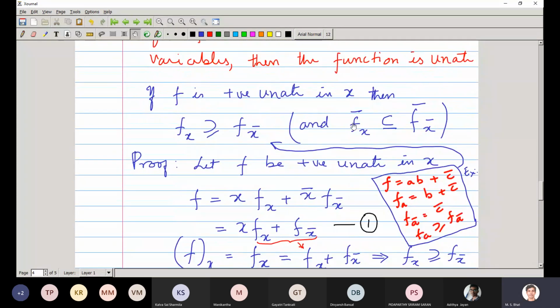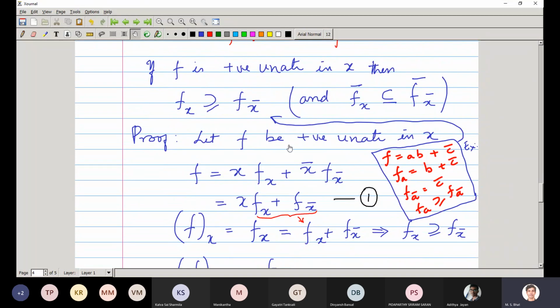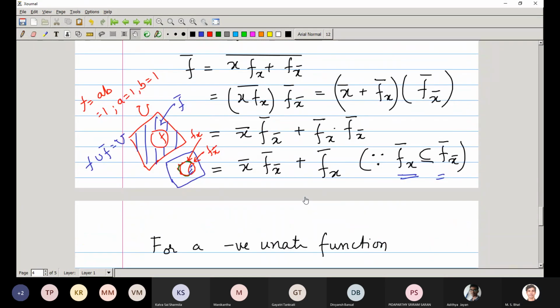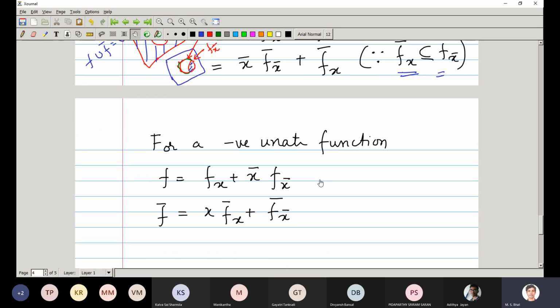So that is why we have this expression: f bar is x bar fx bar plus x bar fx bar bar plus fx bar. For a negative unit function, f is fx plus x bar fx bar, but f bar will be x fx bar plus fx bar bar.